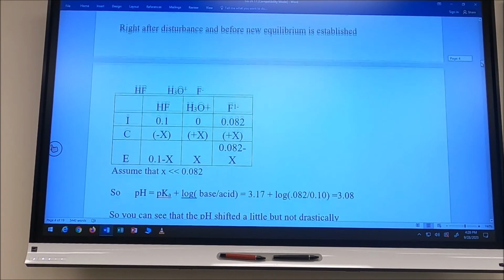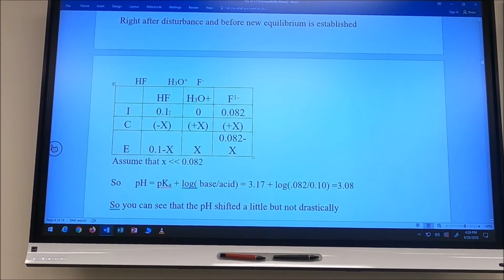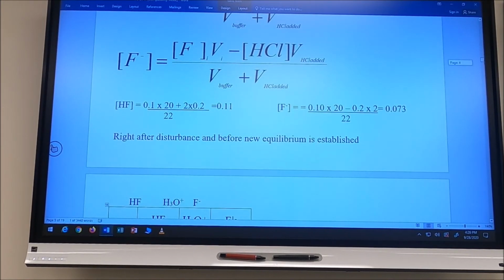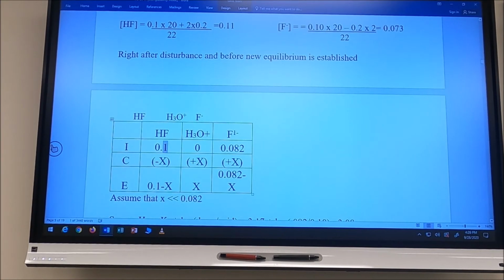All right. Now, if I come in here, this is going to be 0.11. And this is going to be 0.073. So I have 0.11 and then it's 0.073.